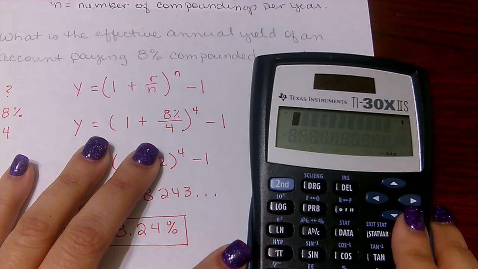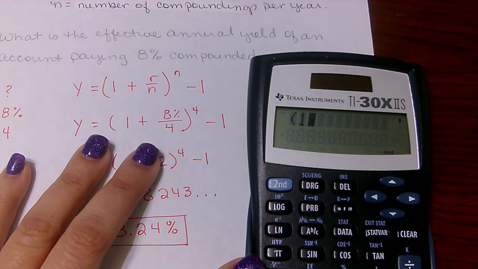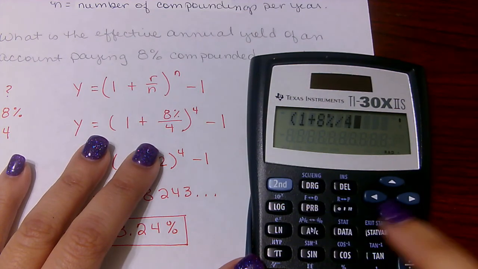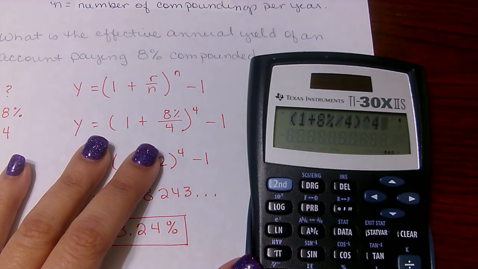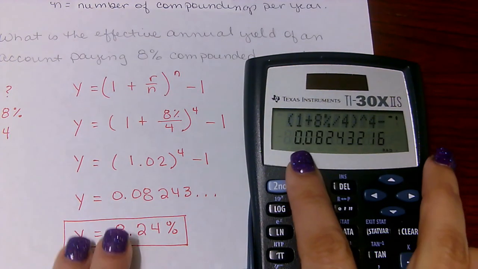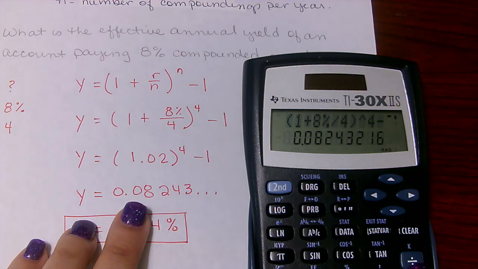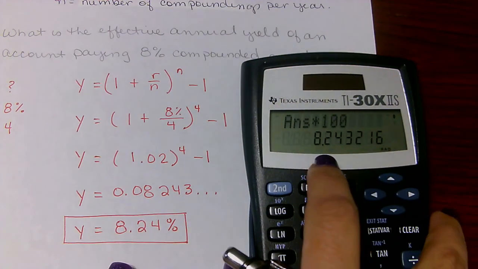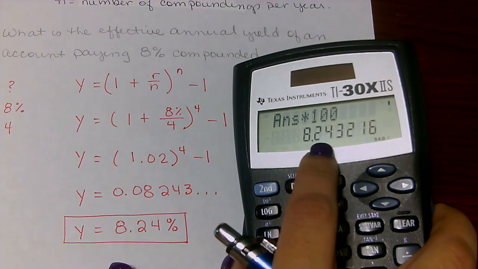Plug it in exactly as you see it. 1 plus 8% divided by 4 raised to the 4 minus 1. When you press enter, you'll get the decimal form, and remember to multiply that by 100 to change it to a percent. So here we have 8.24%.